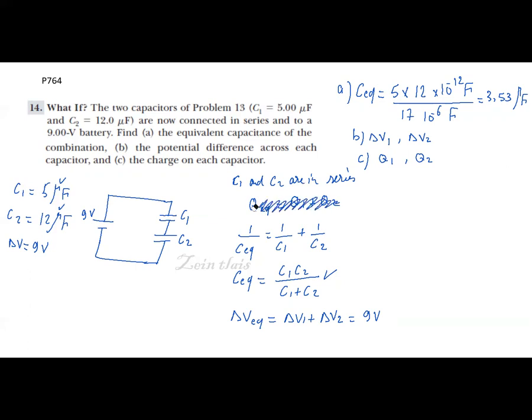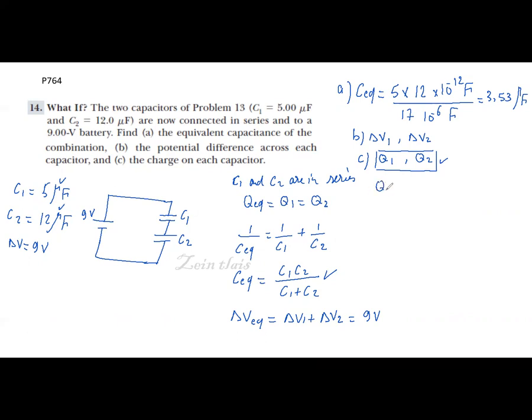In the case of a series capacitor, Q equivalent equals Q1 equals Q2. Here I want to find, first of all, part C. I can find Q1 and Q2. After this, we can find delta V1 and delta V2.